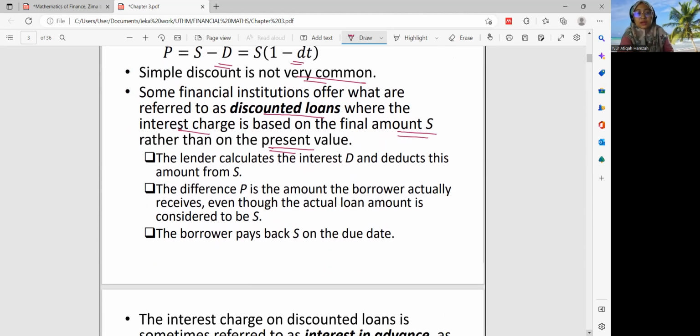The lender calculates the interest D and deducts this amount from S. The difference P is the amount the borrower actually receives, even though the actual loan amount is considered to be S. The borrower pays back S on the due date.